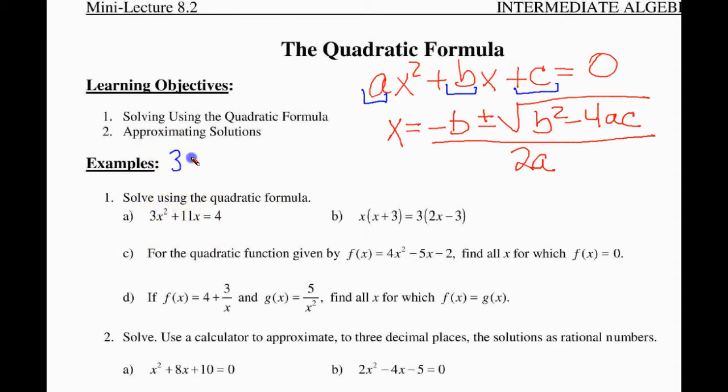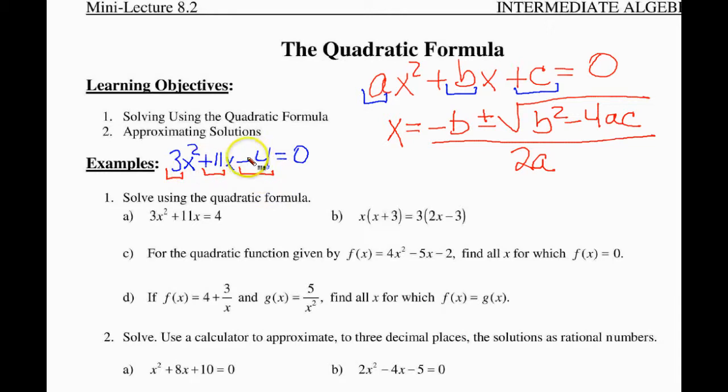It's going to be 3x squared plus 11x, transpose the 4, negative 4 equals 0. Now it's in standard form, and let's identify our letters. Our A is 3. Our B is a positive 11. And our C is a negative 4.